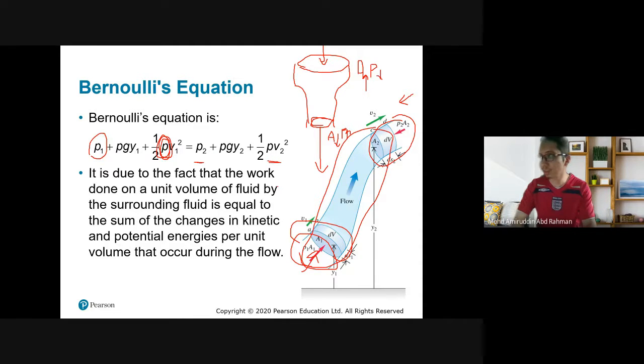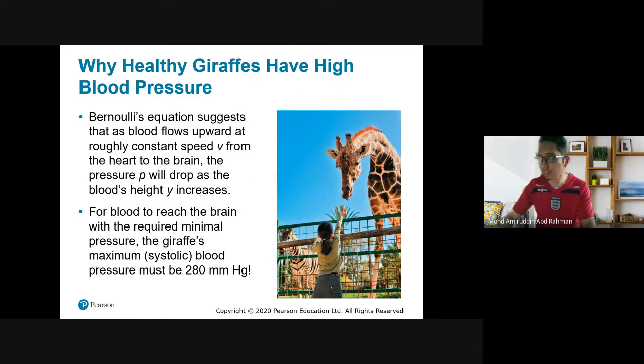So basically, for the blood to reach the brain of the giraffe, it requires the giraffe's maximum blood pressure to be 280 millimeters Hg. All right, so meaning that it requires a high blood pressure to stay healthy.